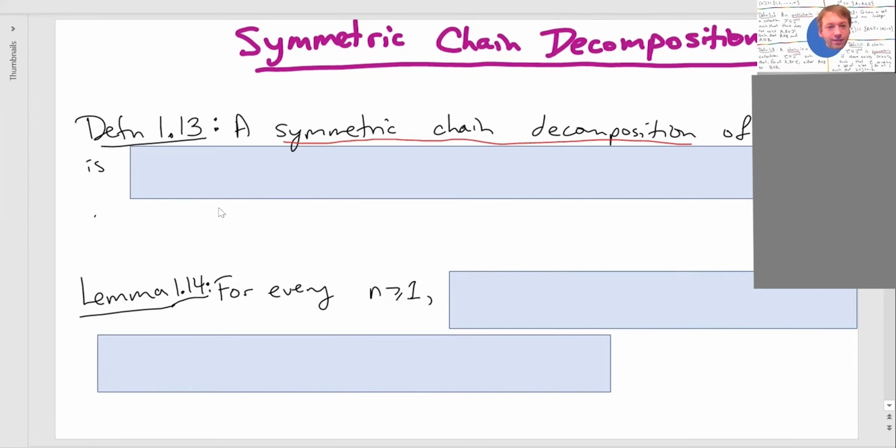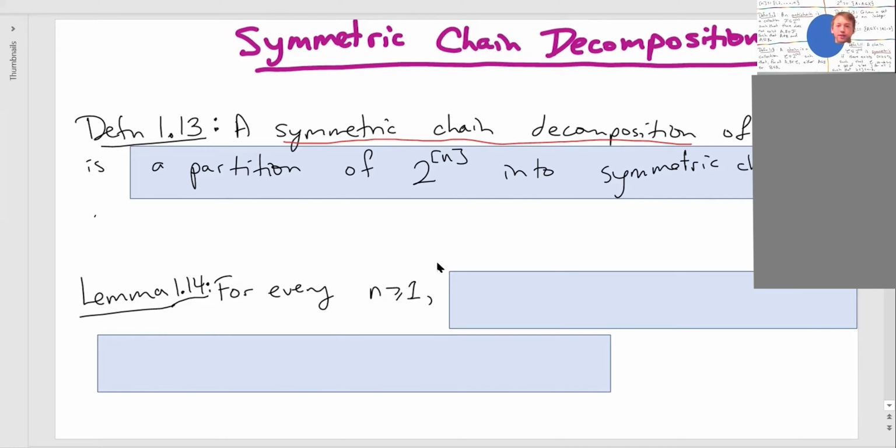We'll continue next lecture. Okay, so a symmetric chain decomposition is a partition of the power set of n into symmetric chains.